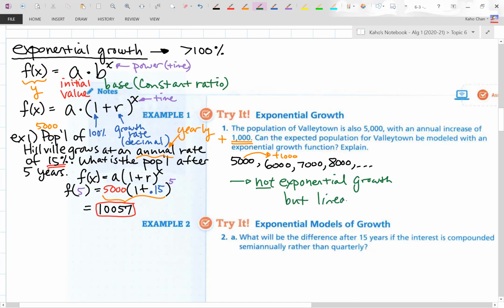Still a lot though, right? Still a lot. All right. I mean, think of the graph of Hillville. You're increasing 15% every year. That's a sizable chunk there. When you're adding a percentage on top of a percentage, think about the graph of this. If we were to graph example 1 on the left, we would get something like this.